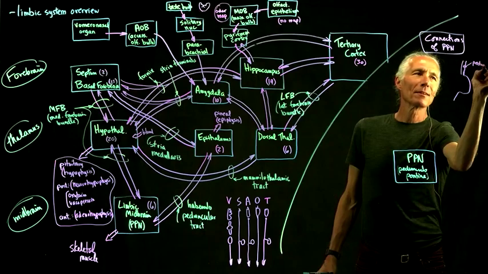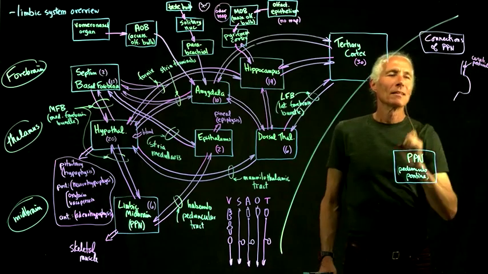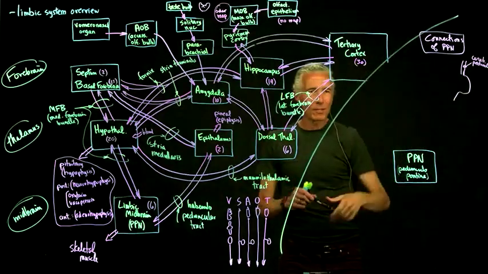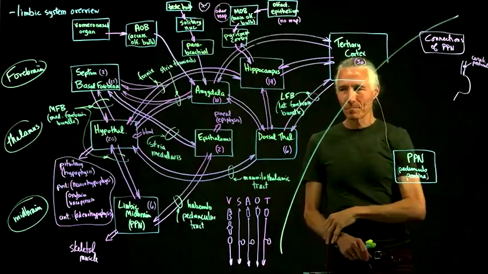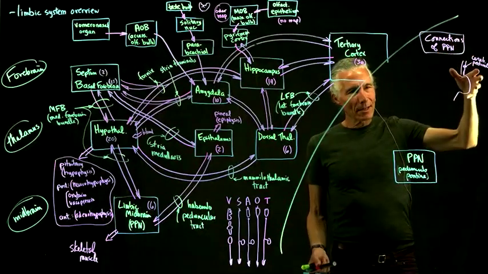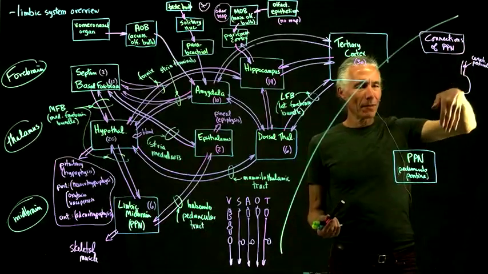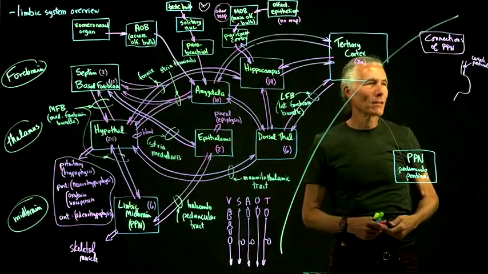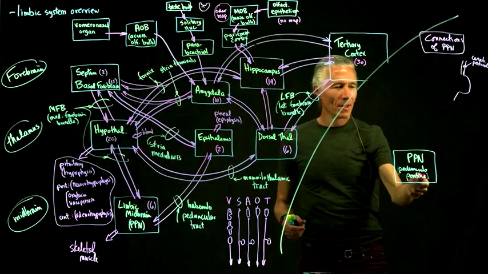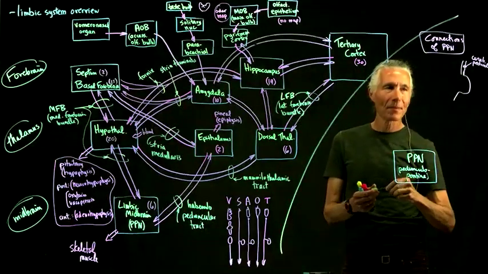And what's the peduncle? Cerebral peduncle. It's basically just a giant bundle of fibers going down into the spinal cord, like all the motor cortex, red nucleus, reticular formation. Lots of stuff is going to get into that thing and go down to talk to the spinal cord. And so that's the pedunculo part of the pedunculopontine nucleus.